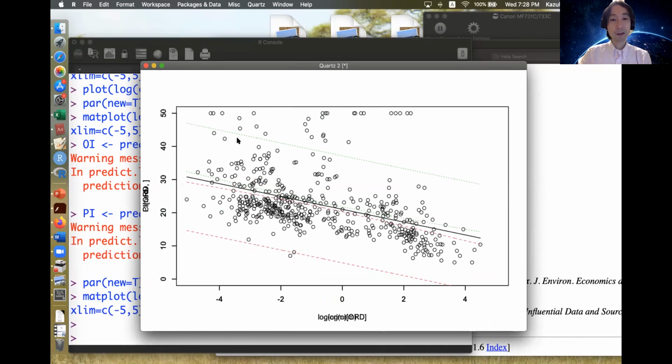And if you count the number of observations out of this range, we have one observation here, then maybe 8, 10, 15, 16, and maybe 21 and 25 and maybe 31 observations out of the range. That is about 5%, right? So about 95% of observations are within this range.